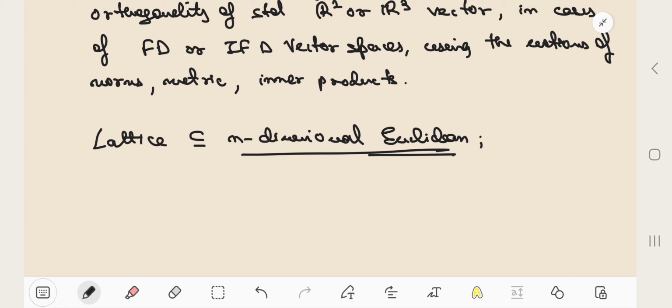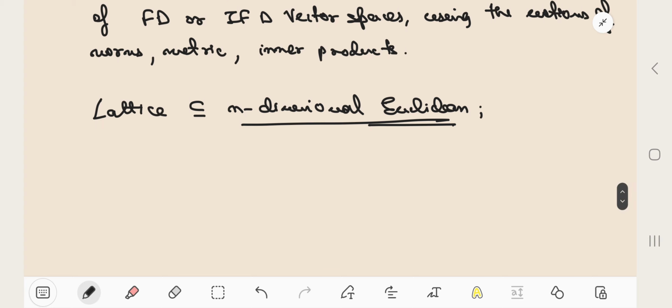It's a well defined Euclidean space, and we can say it's a well defined normed linear space as well. We can define a well defined norm over these vectors, and these are the most useful spaces which we eventually study, because all the generalizations of vectors which we mentioned can be well defined in an n dimensional Euclidean space. So it's sort of intuitive to apply some sort of topology to lattices.